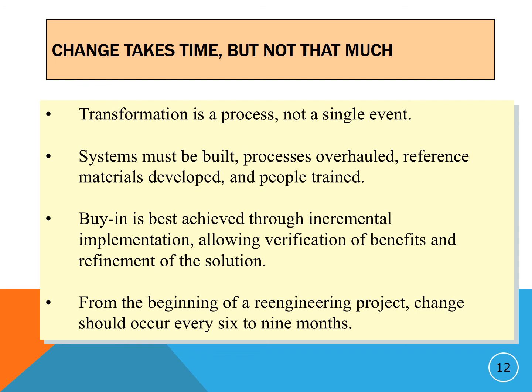So what do you think? How long should a change management effort last? Three months, six months, nine months, a year, two years, or many, many years? From the beginning of the re-engineering project, change should occur every 6 to 9 months, but there's no hard and fast answer to that question.